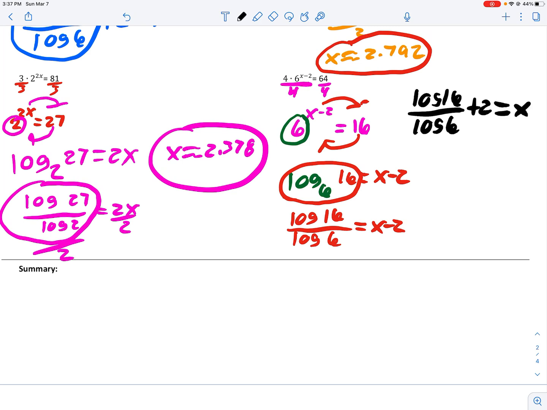So now, with my scientific calculator, I can do log of 16 divided by log of 6. So do that now. Log of 16 divided by log of 6, you're going to get a decimal. Once you get that answer, then add 2 to the answer, right, plus 2, and it should be about 3.547.